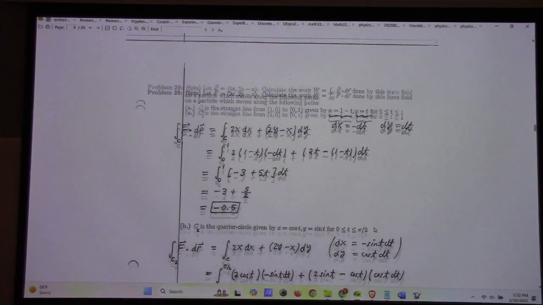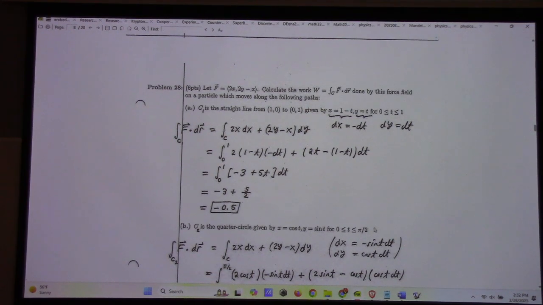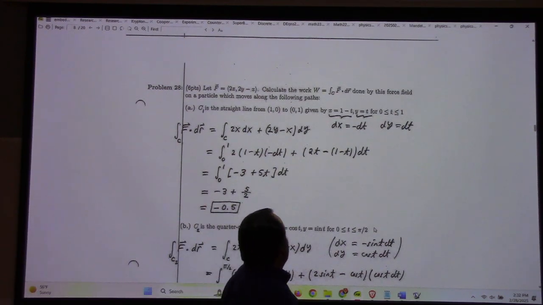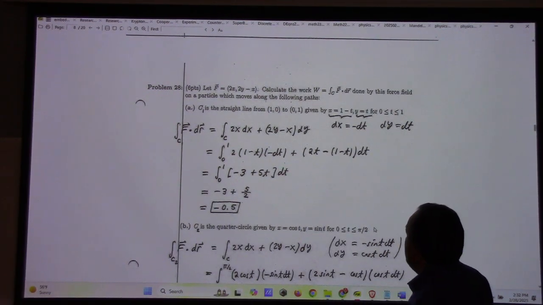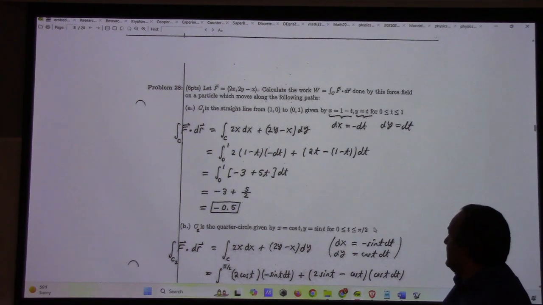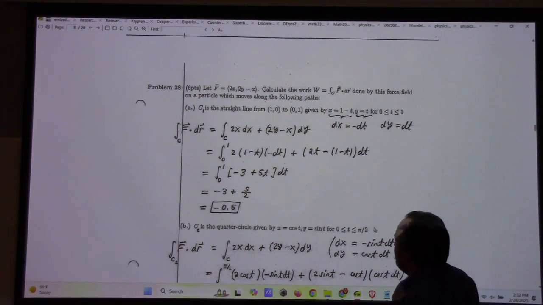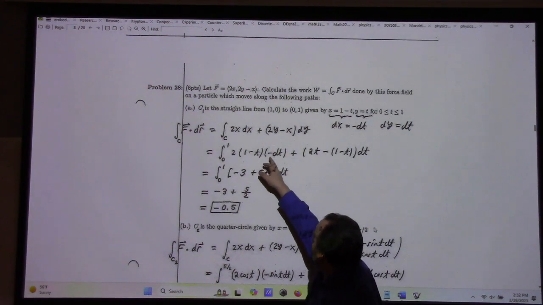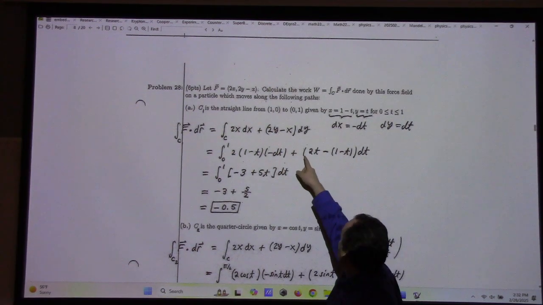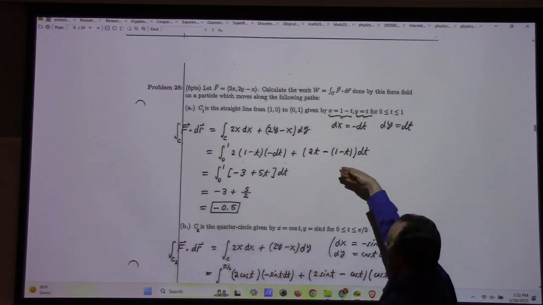All right, so here we have calculate the work done by this variable force along a straight line. Now I gave you the parameterization of the line, 1 minus t for x and t for y, and 0 to 1 because that's my favorite kind of integration, one that goes from 0 to 1. So I put in my x, my dx is minus dt, my dy is dt. You can calculate like this.